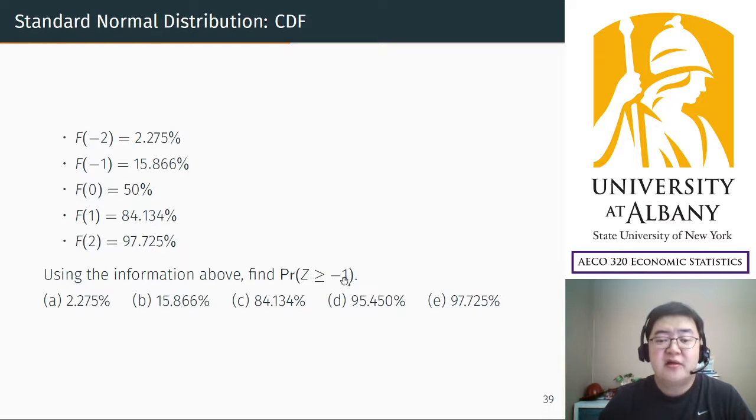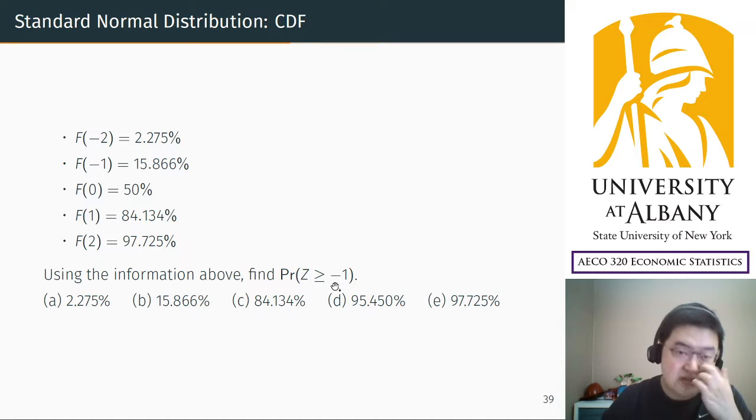But still, we discussed how to calculate this probability. The key idea is we are going to use the complement rule. The probability that z is greater than -1 is the complement to the event that z is smaller than -1.